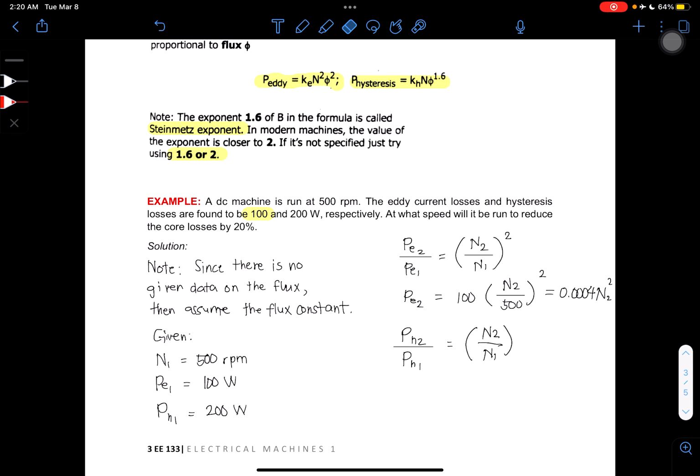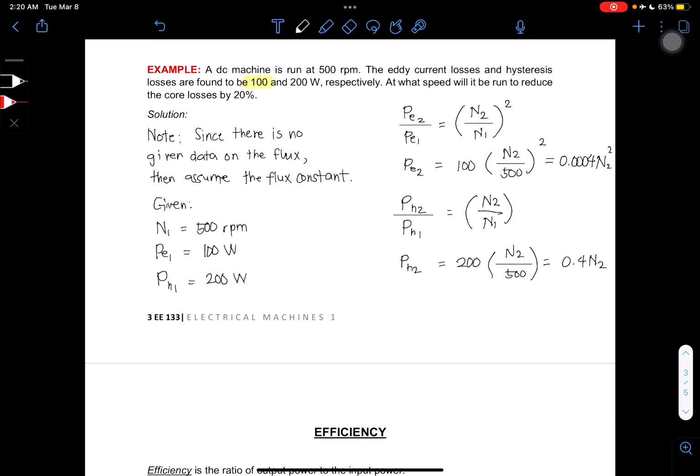Okay. So to solve that, given na P_H1 which is 200, N2 divided by 500. So the answer will be 0.4 N2. So nakuha na nato the eddy losses for number 2.